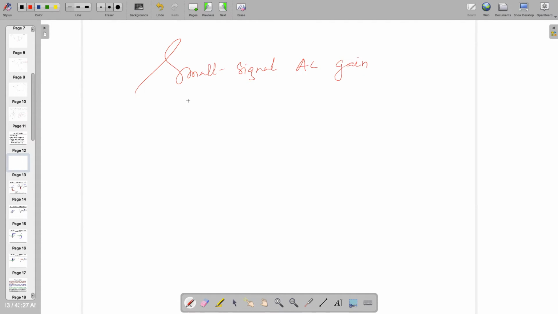When we are doing this small signal analysis, earlier we were doing the DC analysis, common mode analysis or the Q point analysis. The next one is small signal analysis.